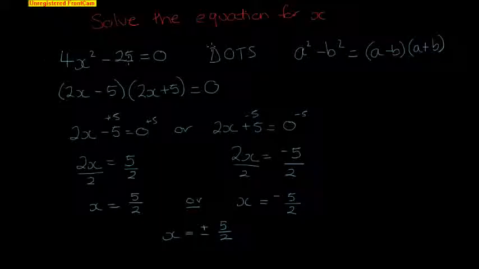So either take out a common factor, use the difference of two squares rule, perfect square rule, or just split the middle term. And then once you've factorized, you equate each term to 0 on its own to find possible values for x, and then just state them at the end.